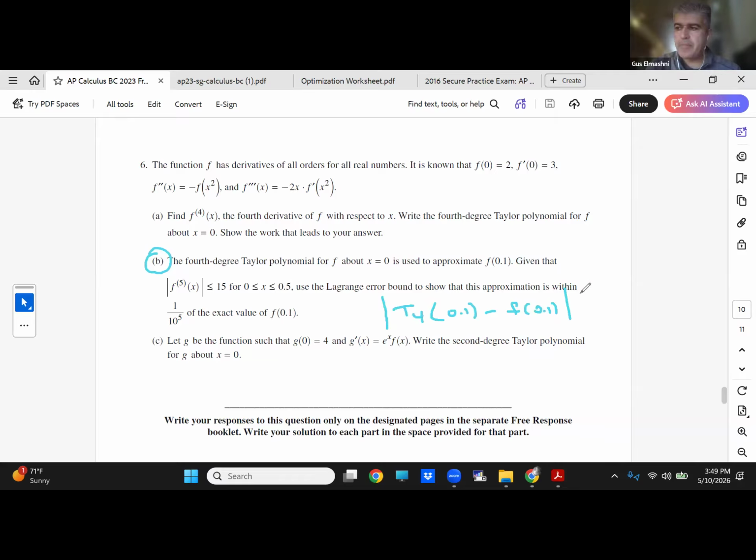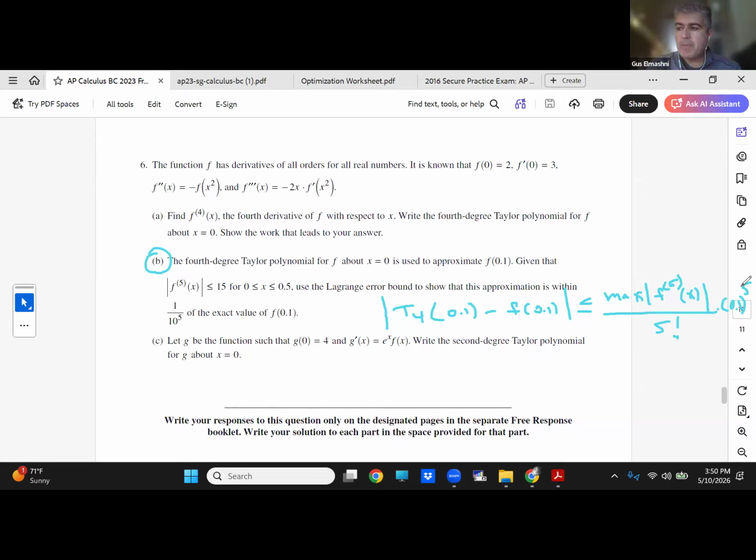And essentially you want to show that's what you need to show.